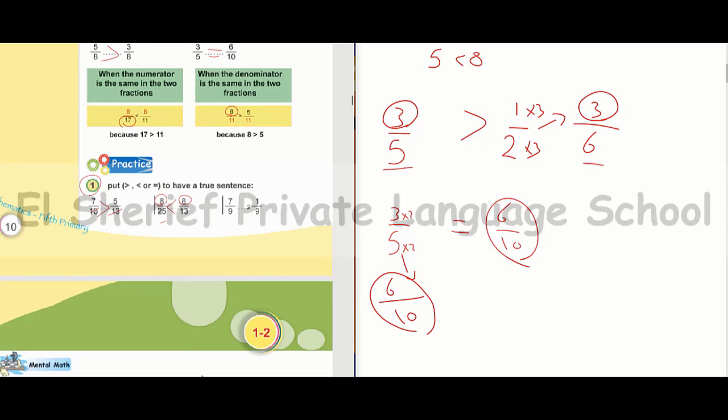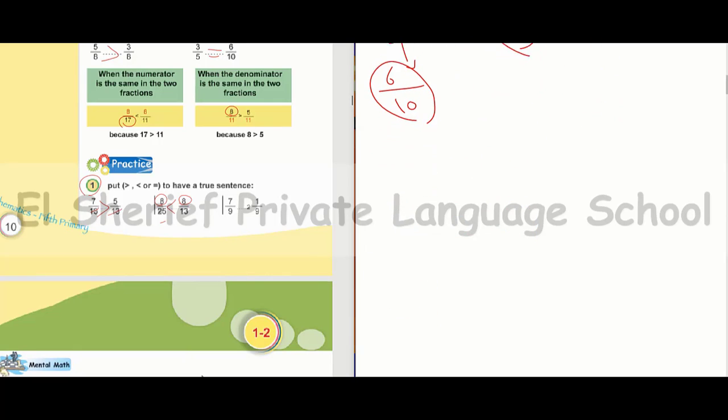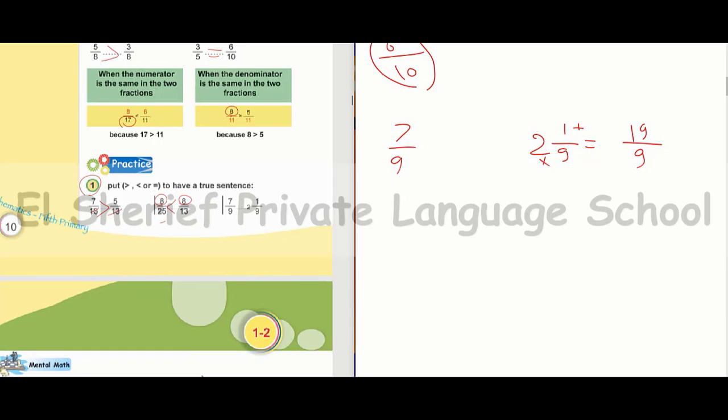Here we have two mixed numbers: 7 over 9 and 2 and 1 over 9. We convert from mixed to improper fraction. We put 9 first. 2 multiply 9 equals 18 plus 1 equals 19. So we have 7 over 9 and 19 over 9.